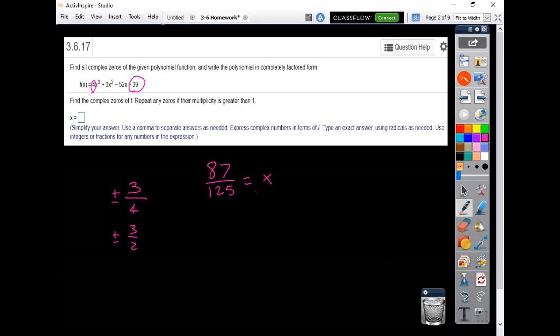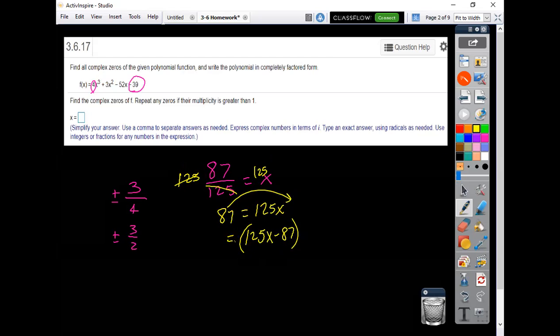That's what x would equal to make it equal 0, for one of my intercepts. So then we multiply by 125 to get that out of there. That gives me 125x equals 87, and then I subtract the 87 to the other side. So 125x minus 87, that's one of my factors.